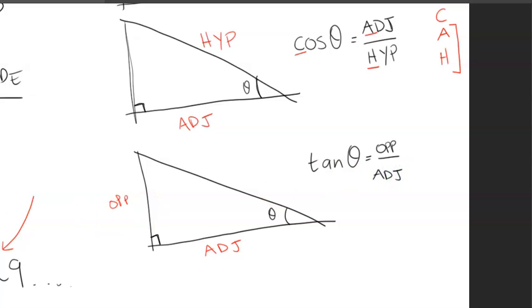Again, I'll underline those three letters, T, O, and A, TOA. So if the angle has been given and the opposite or the adjacent has been given, and one of them is being figured out, we use a trigonometric function called tan of theta, okay?